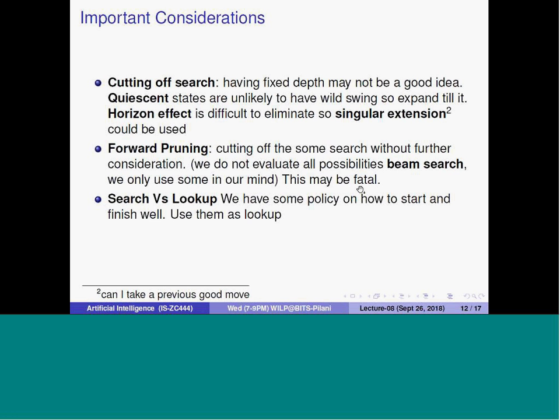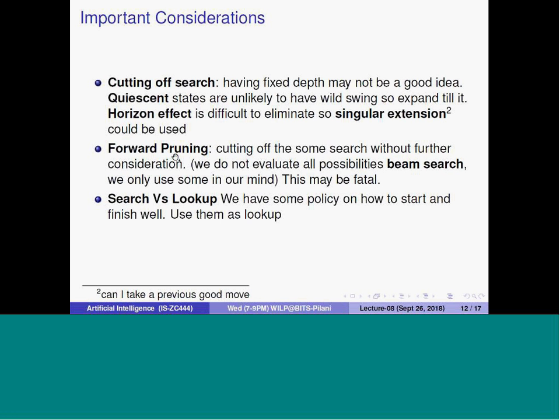But this may be fatal. This may be a very big problem, because you are not considering all the things. Then you would have a big problem. But again, if somebody tells you not to consider all these things, only consider these 10% or 20% of the moves, using a particular idea, then you can use this forward pruning. So this is forward pruning. Do you understand what forward pruning is? There are various possibilities available, but you are only considering some.